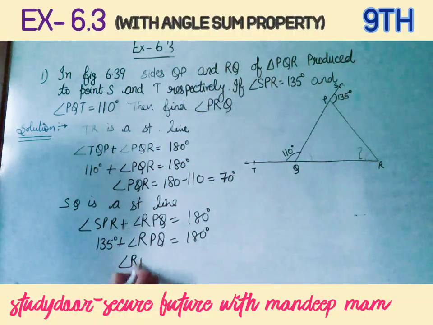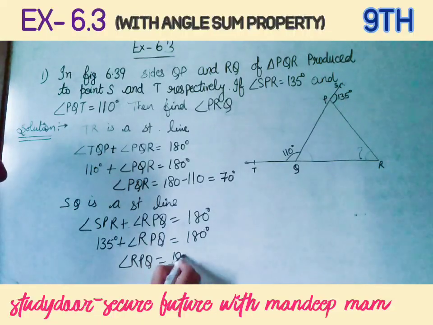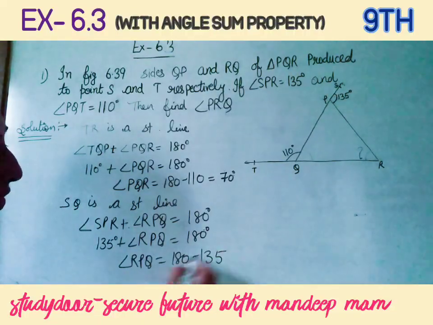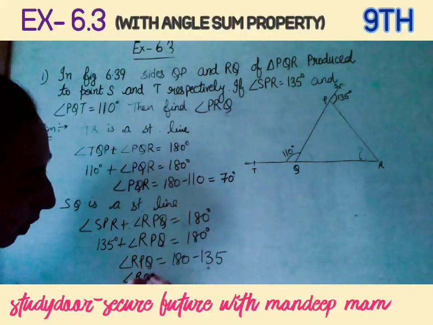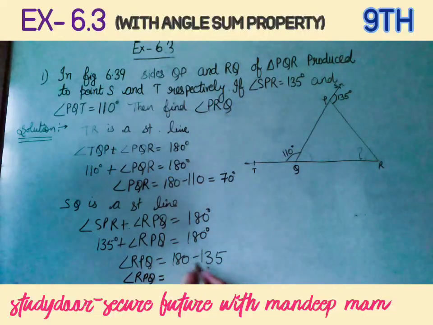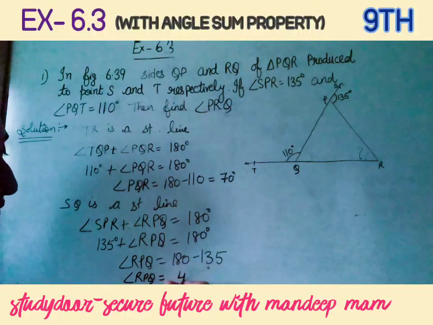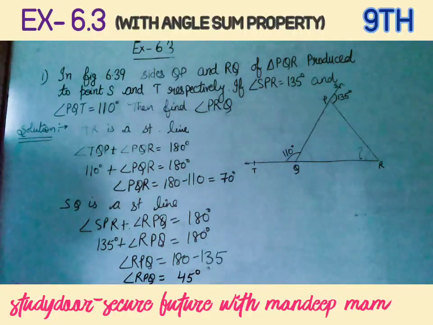Now angle RPQ is equal to 180 minus 135. So students, we get angle RPQ is equal to 180 minus 135, which is 45 degrees.